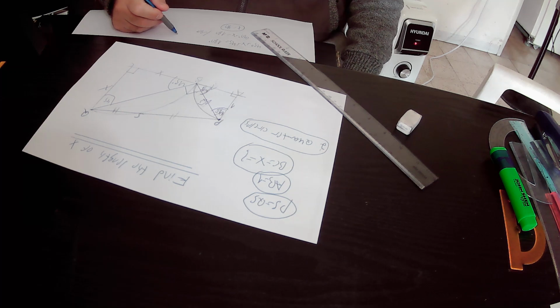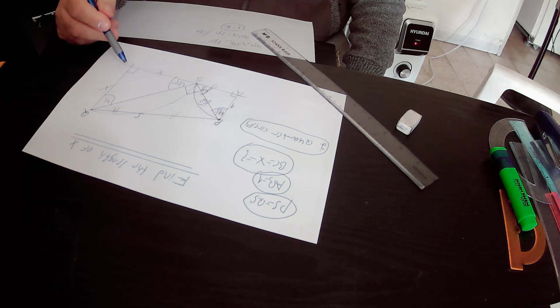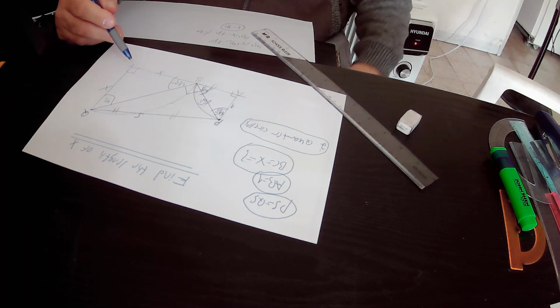In the next step, I will copy the right triangle QCB in a new page and we'll implement the Pythagoras theorem in this right triangle QCB.